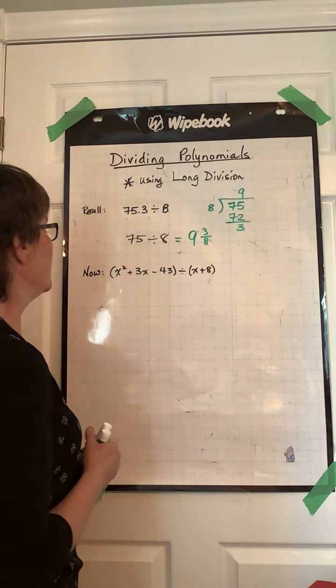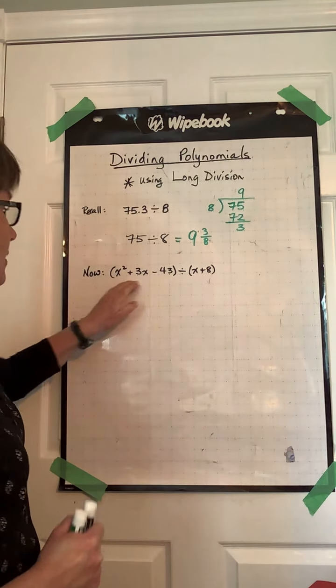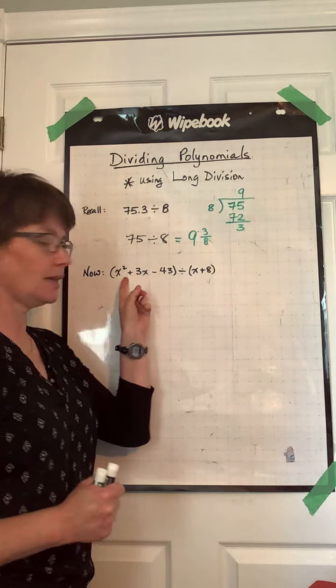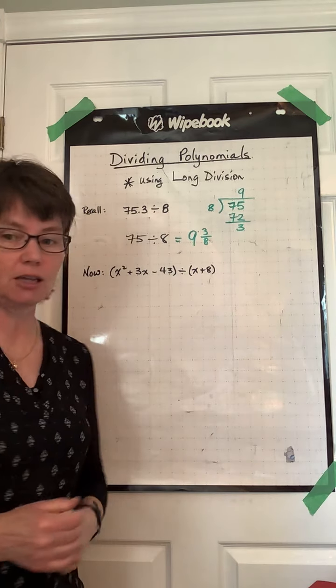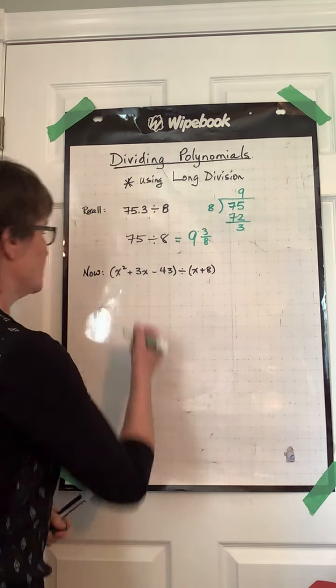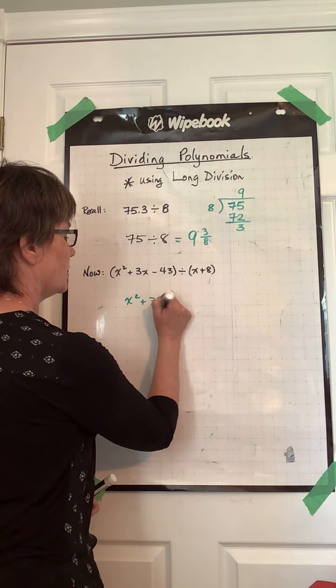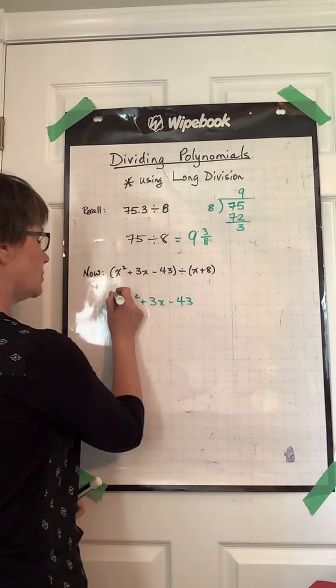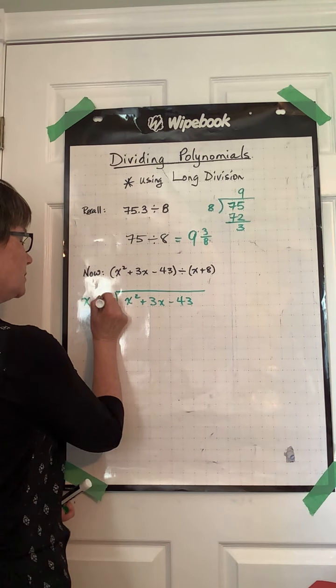All right, now we're going to do this using polynomials. So we've got a trinomial here, highest exponent 2, so degree 2, divided by a binomial. But in this case, it's not factorable. So this is what we're going to do. We're going to say x squared plus 3x subtract 43 is going to be divided by x plus 8.